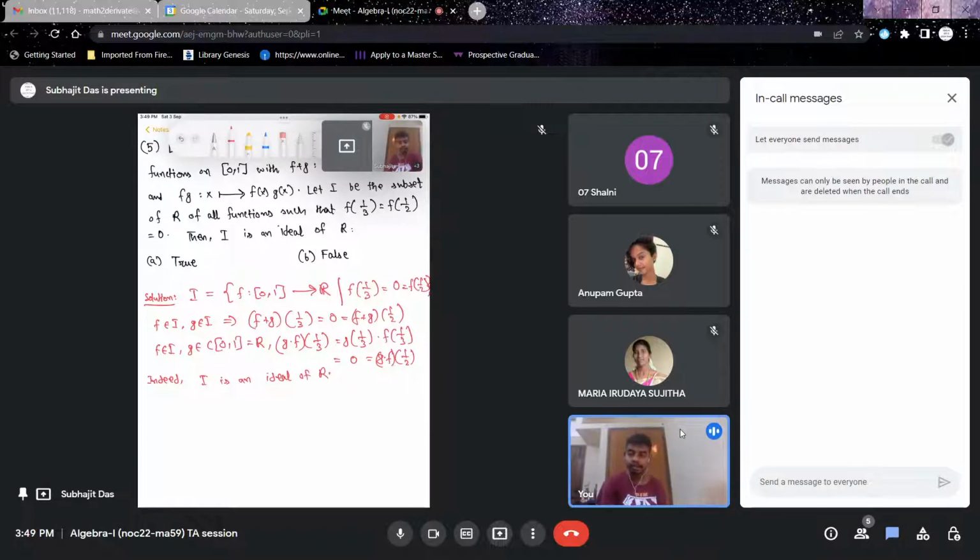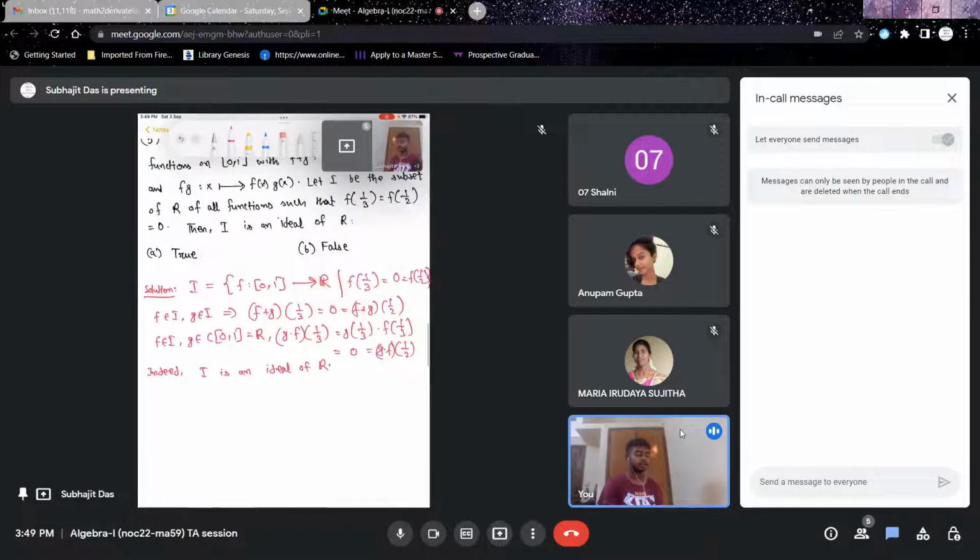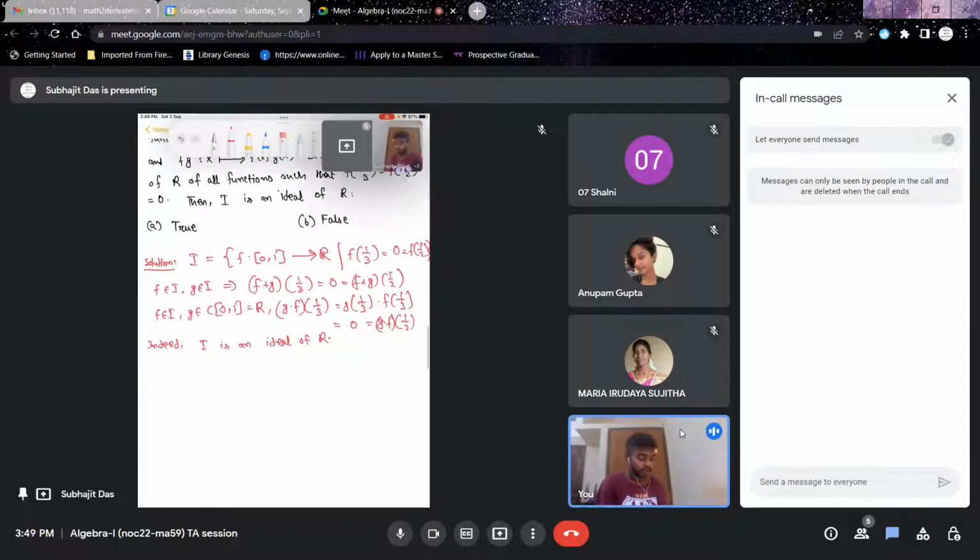Okay. In fact, you can improve here. I mean, you can give a better answer also. This is a very general thing that I'm saying, with respect to the specific ring C[0,1].